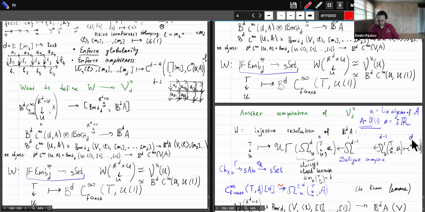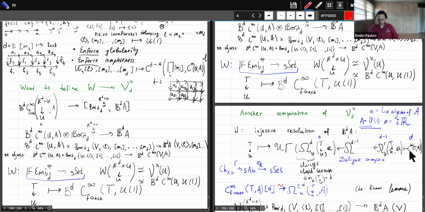And finally, we have to analyze what happens in this term. The homology in degree d will be the kernel of this map. And this map, if you may recall, is precisely the tangent map or the differential. So the kernel consists of functions with a vanishing fiber-wise differential.